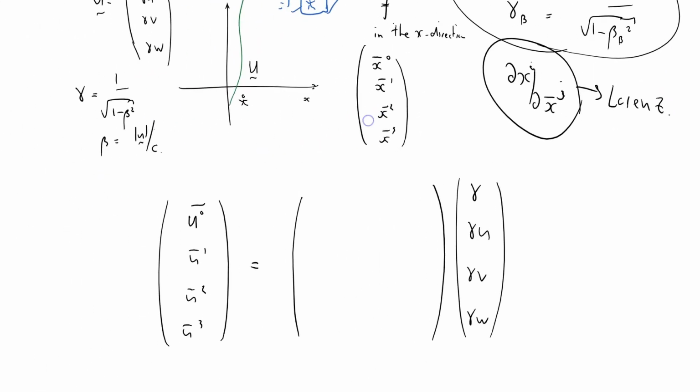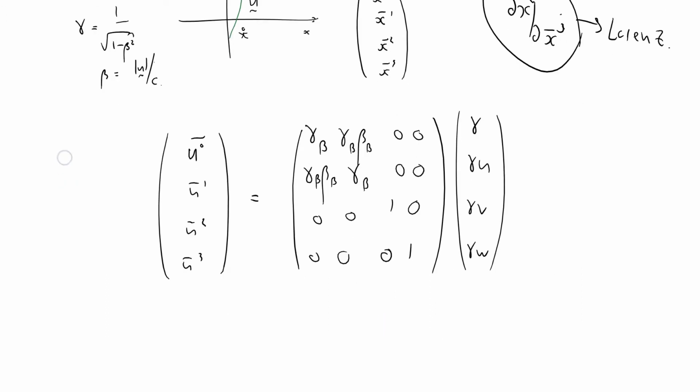So I can just draw it in. Gamma b, beta b, 0, 0, gamma b, beta b, gamma b, 0, 0, zeros here, and 1's on the diagonal, I'm sorry. And so here we've got a nice linear transform.